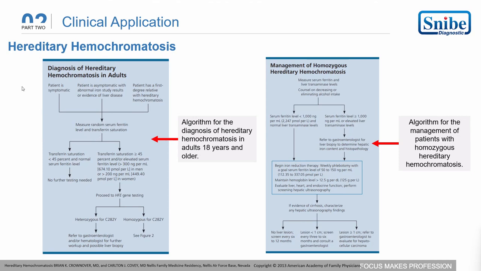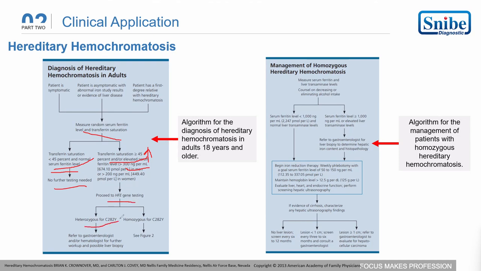Once they have done this, if the transferrin saturation level is less than 45%, and the serum ferritin level is normal, no further testing is needed. But if the transferrin saturation level is more than 45% and the ferritin value is above 300 nanograms per ml, they have to proceed to HFE gene testing.